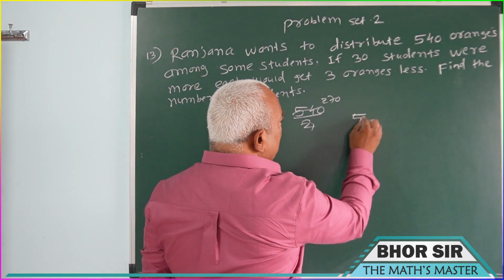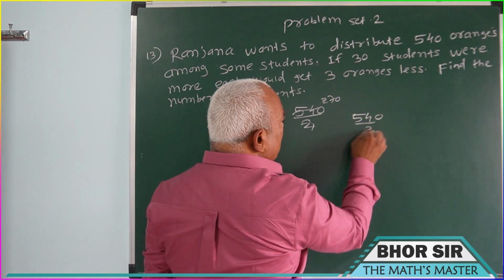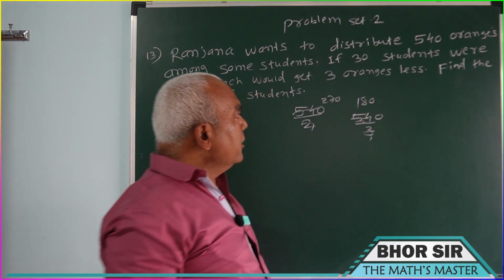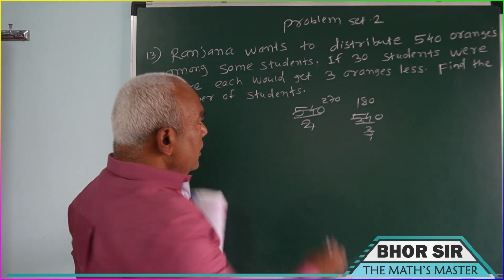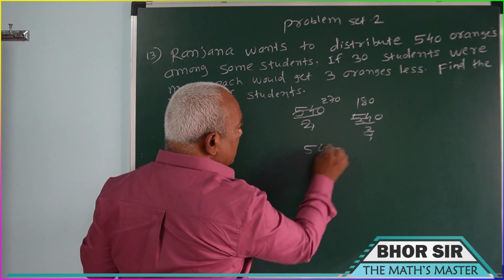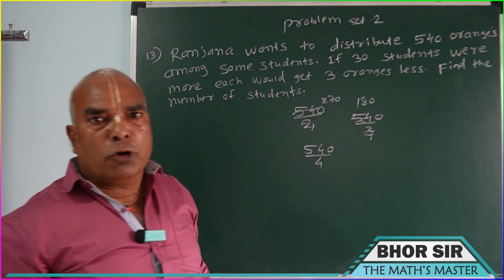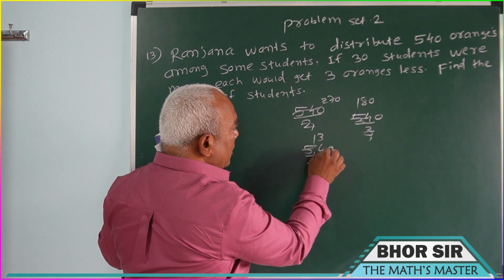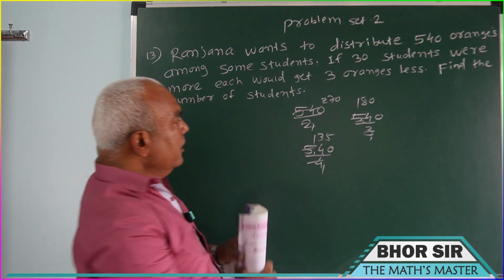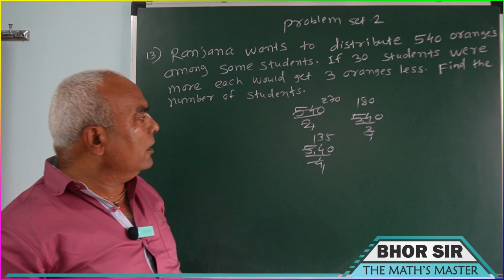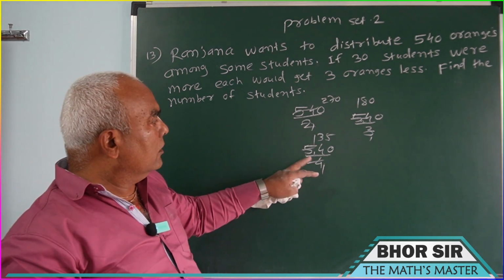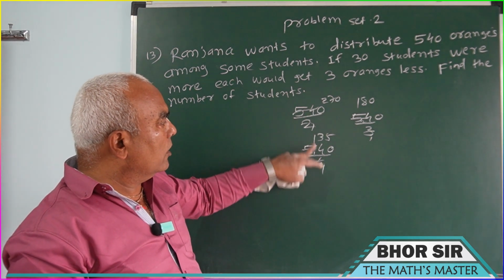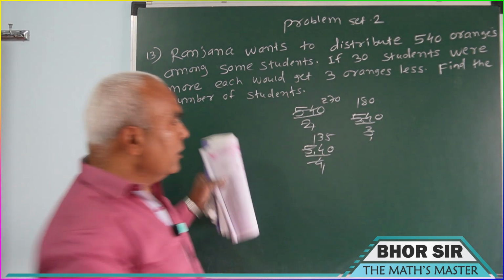If we give 3 oranges to each student, then 180 students will get oranges. If we give 4 oranges to each student, 135 students will get oranges.